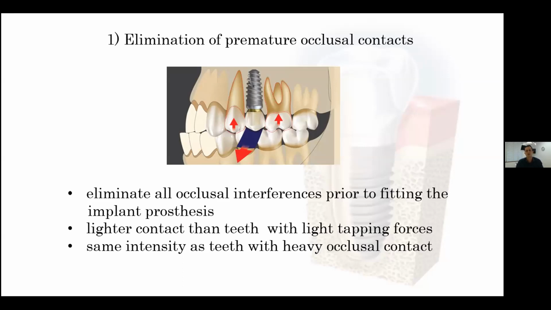At that point, the shock absorbing ability of the teeth will come into effect and they will move by about 28 microns. Then we want almost equal intensity contact on both the teeth and the implant, so that during that condition, they share the load. So we are not just indiscriminately grinding the crown of the implant out of occlusion in all circumstances. We are doing it in an educated fashion, so that during heavy function, that implant does play a role in absorbing some of that force.